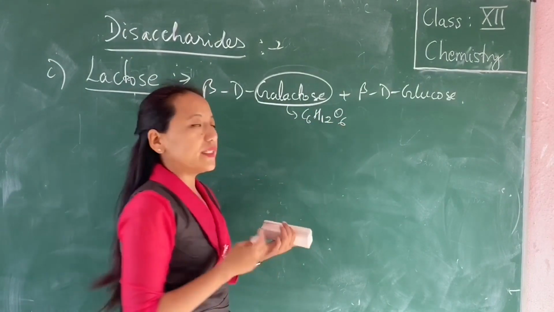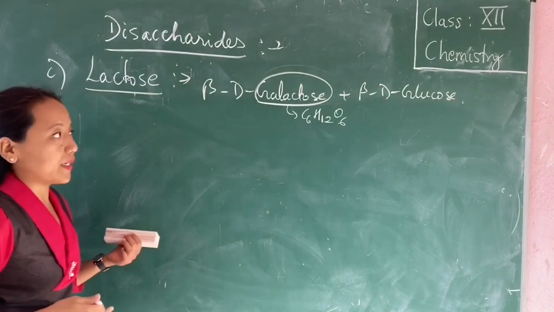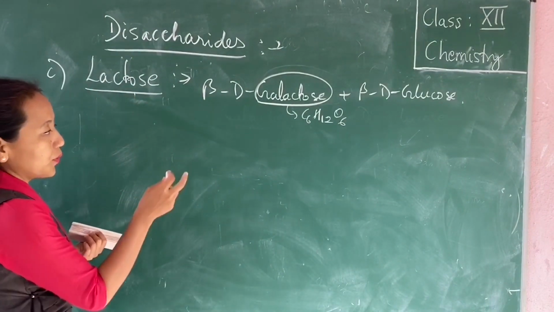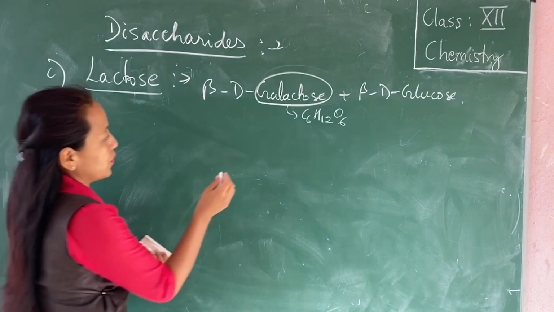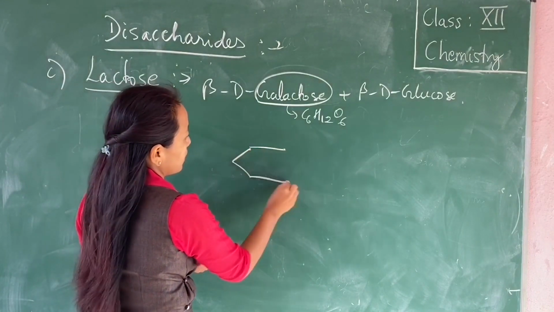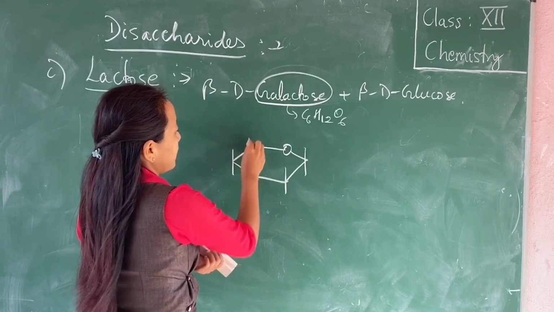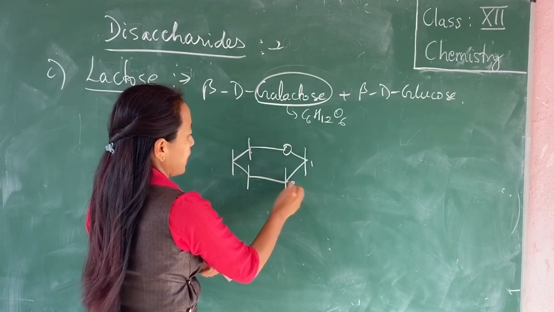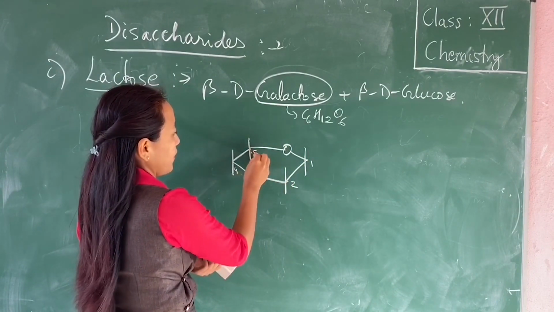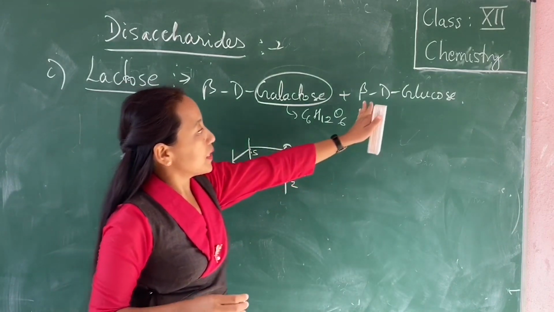Now let me explain the difference between these two by first writing down the structure. I'm going to write down the structure of glucose. Glucose is a 6-membered ring again. Now this is your first, second, third, fourth, fifth carbon atom. Now this says beta.